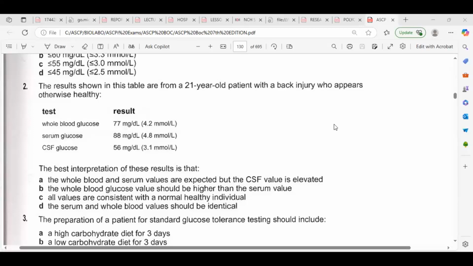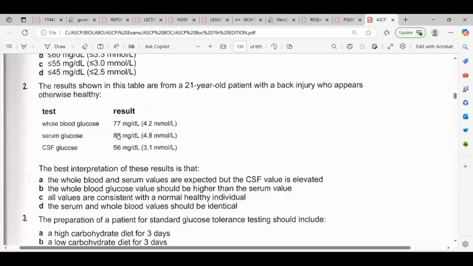That affects the glucose level in whole blood, which will be decreased compared to the glucose in serum. Serum glucose is the real glucose we are testing for, plasma glucose or serum glucose. Whole blood also contains serum, but because of hematocrit, it will affect the glucose level.